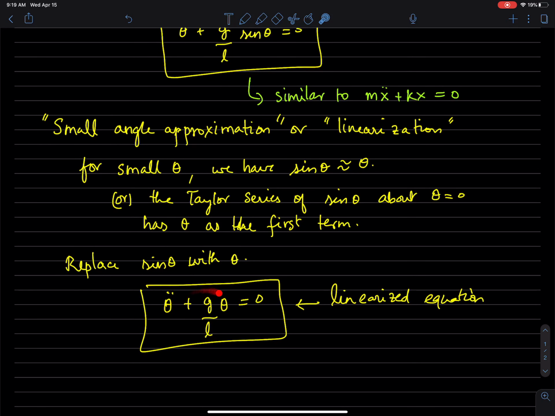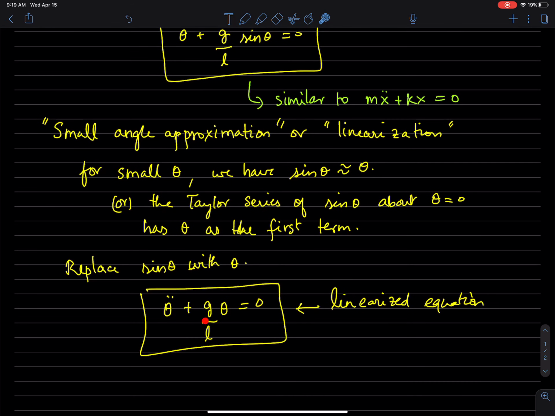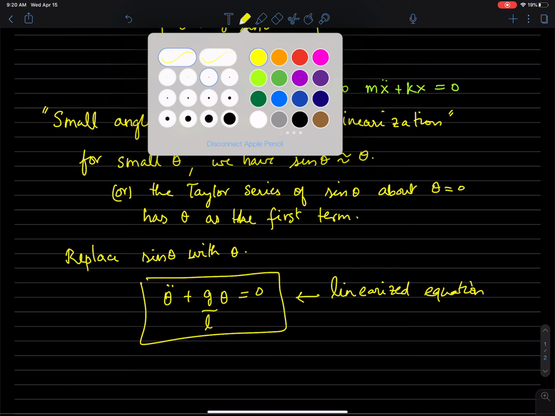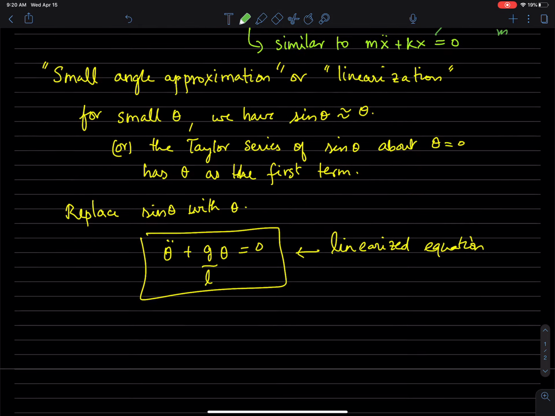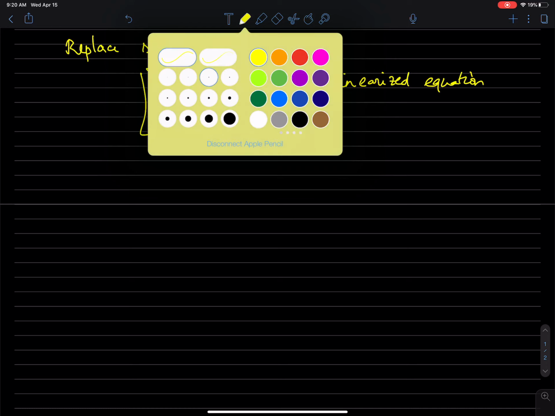And now this one is completely analogous to m x double dot plus k x equal to 0, where instead of m we have the number 1, and instead of k we have the number g over L. So in fact, we can more analogously write this as x double dot plus k over m x equal to 0. So let's just write that here.